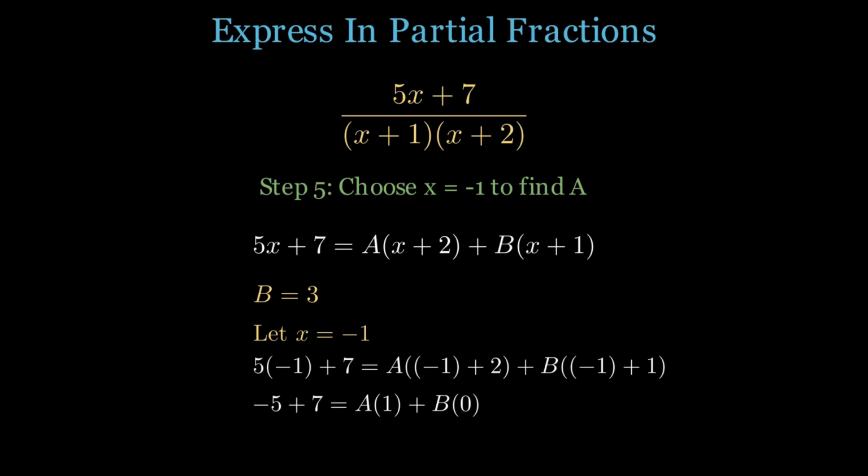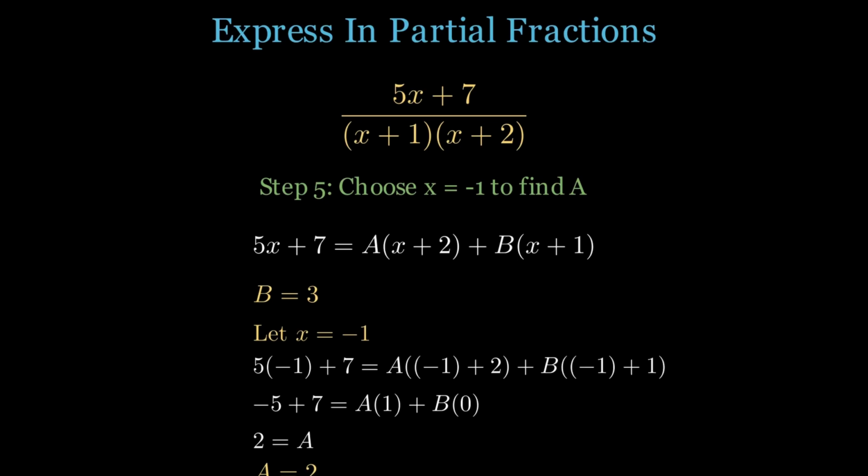So stick with me and you'll understand how we do that. So we substituted in, we have -5 + 7 is equal to A(1) + B(0). You see B has gone to 0. So if we simplify, we end up having A as 2.